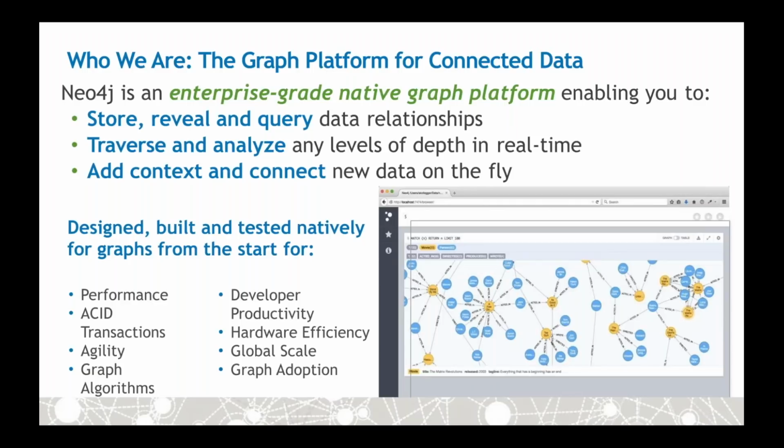So I'll just very briefly introduce you to Neo4j. Who are we? Essentially, we're a graph platform for connected data. At the heart of Neo4j, of course, is the property graph database, and we do all sorts of good things around there. We ensure that we are very performant out of the box. We ensure that we comply with ACID rules with respect to our transactions.